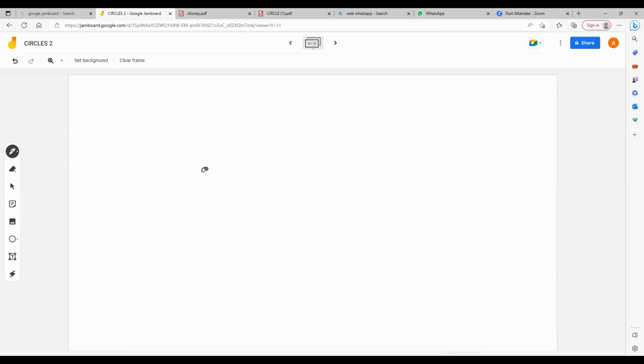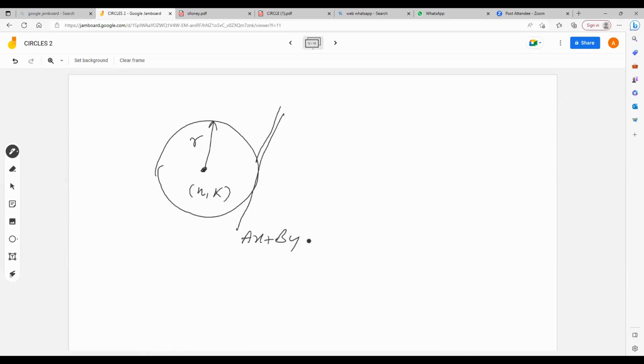That is, we are given h comma k, and this is our circle with a radius r, and we are told that this line ax plus by plus c is tangent to this circle. This line is tangent to this circle, and we need to find the condition of tangency, or we can say that we need to find the relation between a, b and c.